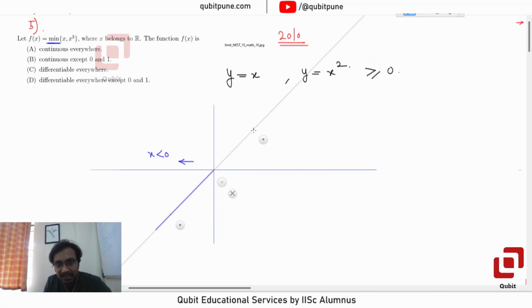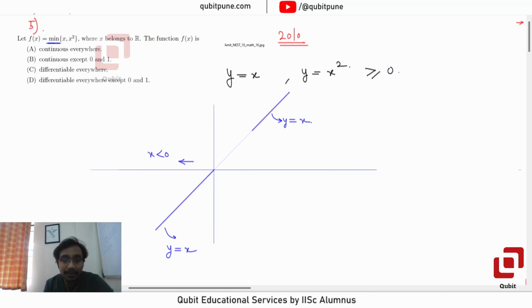And suppose this is the 1 comma 1 point where both the curves meet in the first quadrant. This is also y equal to x. Now why did I not draw this particular portion of it? I could have drawn it.